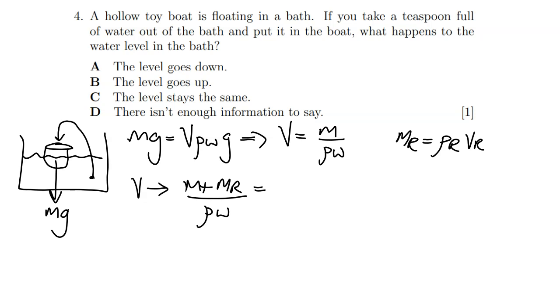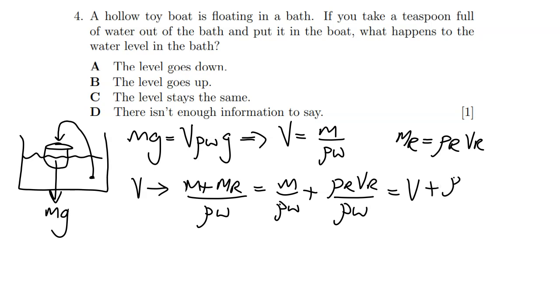Okay, so that's m over rho w plus rho subscript r v subscript r over rho subscript w. And that equals V, which is the original displaced volume, plus rho r over rho w times V r, where this term here represents effectively the additional volume displaced once you put the object in the boat from the bath.